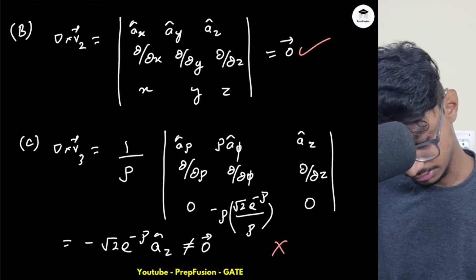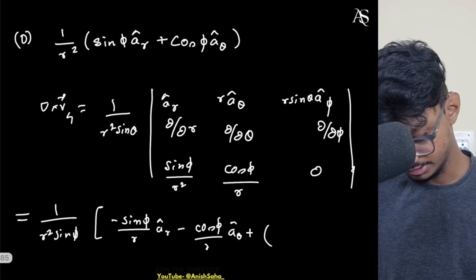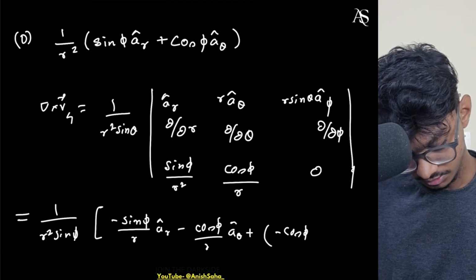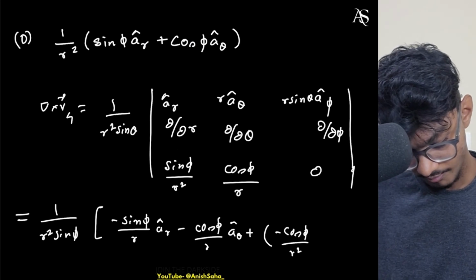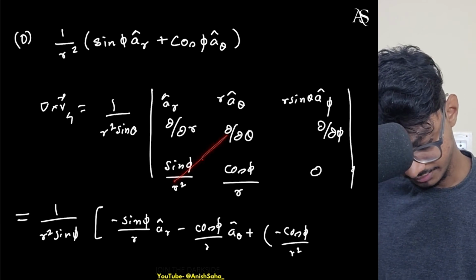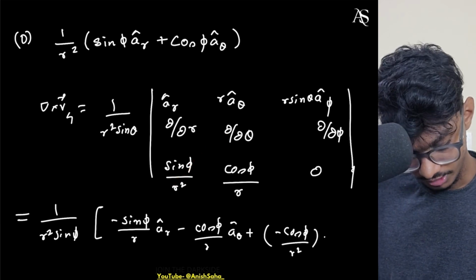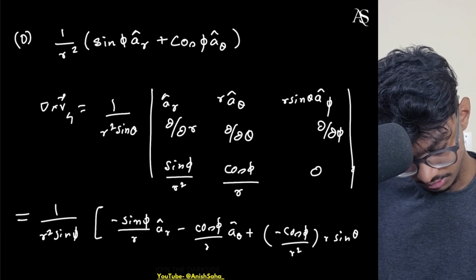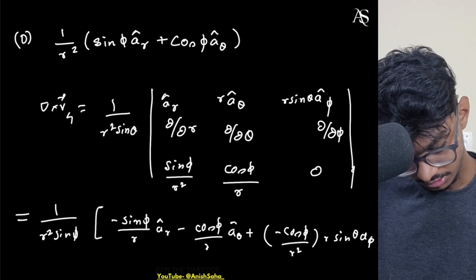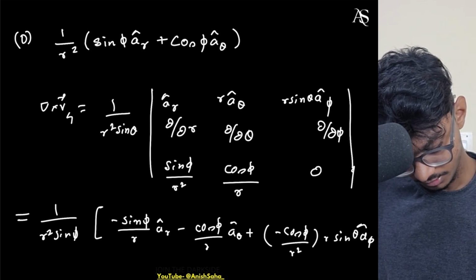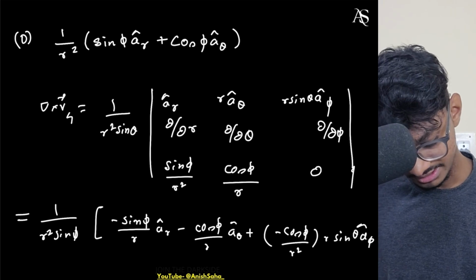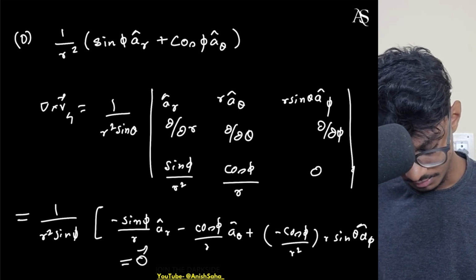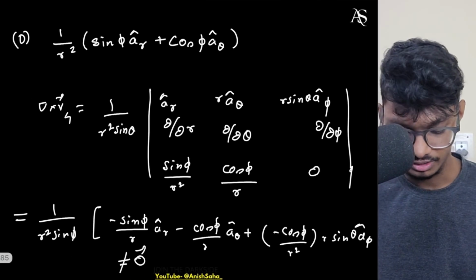Okay, that doesn't matter here. Fine. So this will be actually minus cos phi by r square, and this differentiation is simply 0, and I have r sine theta a phi. Okay, so this cancels out, and this actually is not equal to the null vector. So obviously this also we cannot express.